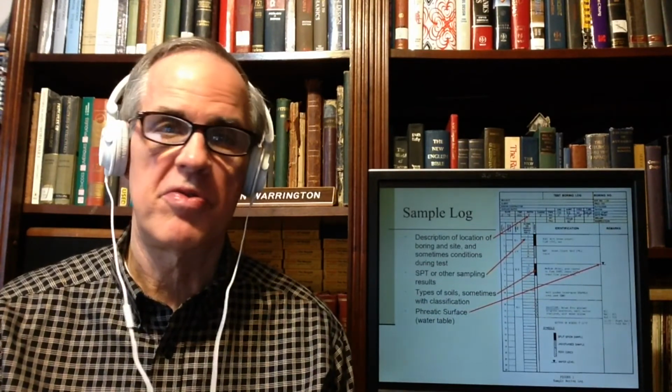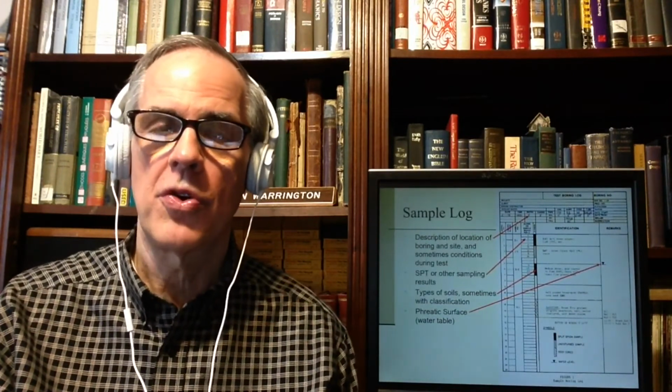SPT, the most common thing you see is SPT results. One thing you don't see on boring logs, generally speaking, is unit weights, and that's where typical values help us out. Types of soils, most soil boring logs will include soil classification, usually Unified. Ohio is the only place I know that uses AASHTO on their soil boring logs.